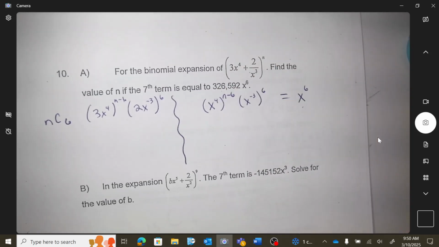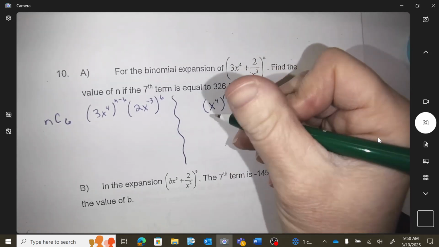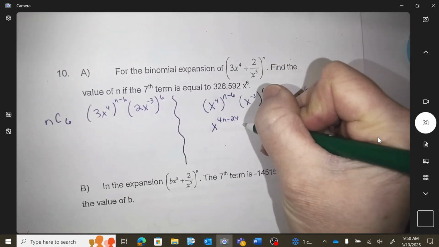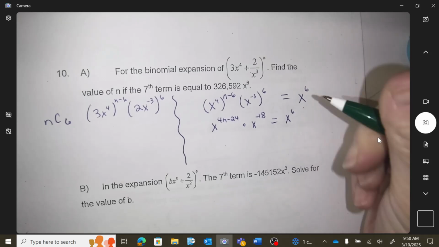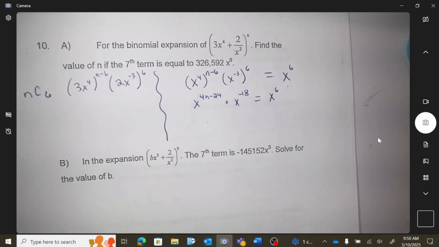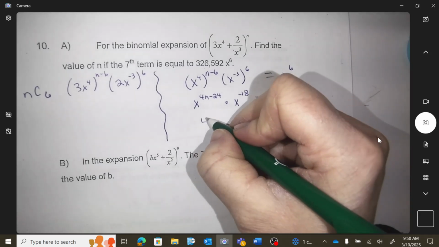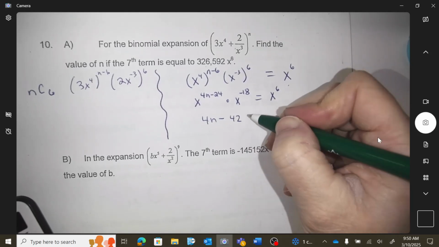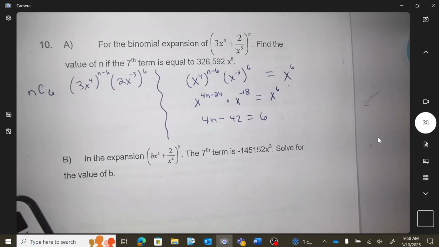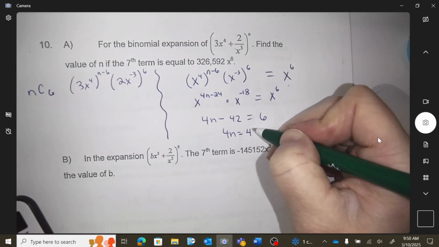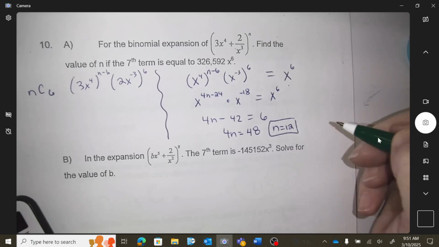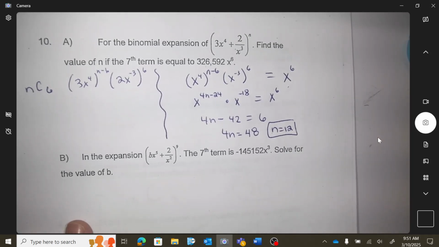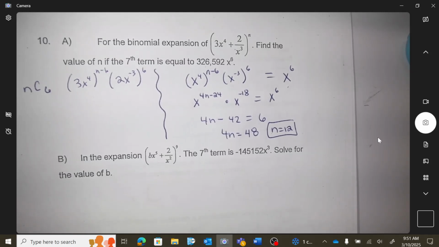And this is going to be n minus 6. Therefore, this exponent would be 12.